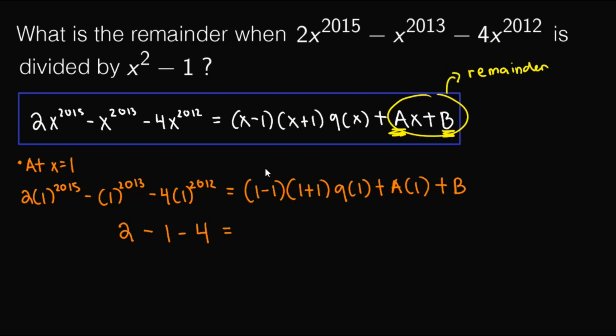On the right side, this part becomes 0, so the whole part cancels out and we are left with a plus b. Simplifying the left side, we have -3 equals a plus b. This represents our equation 1.